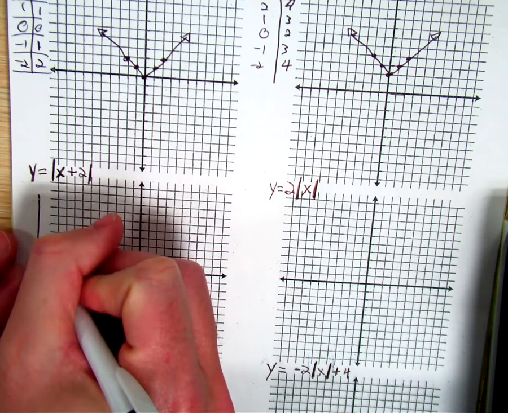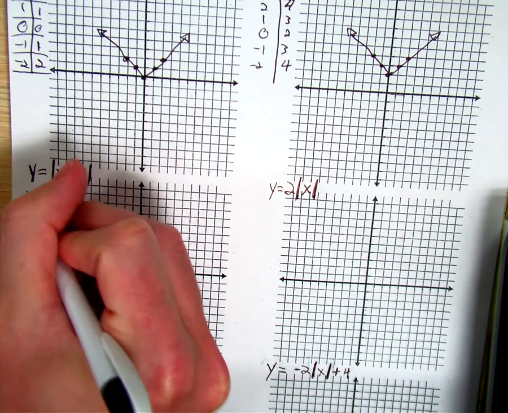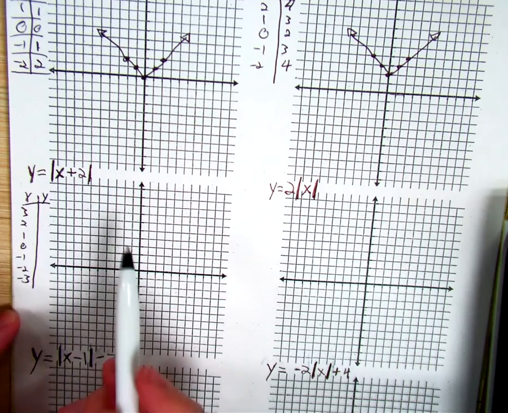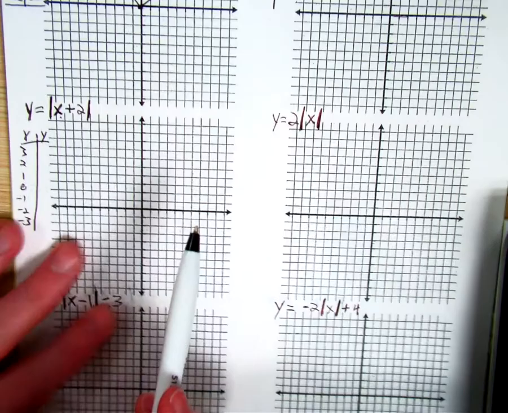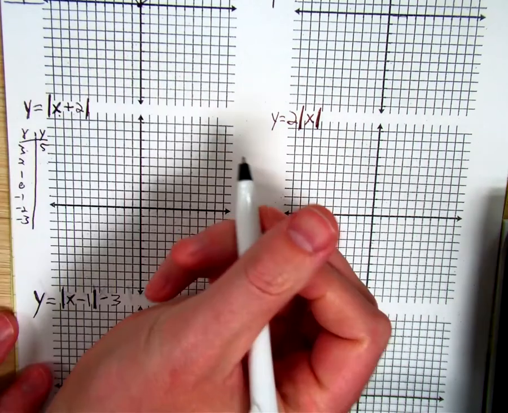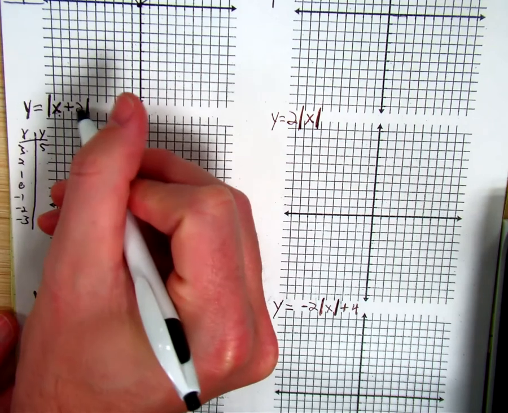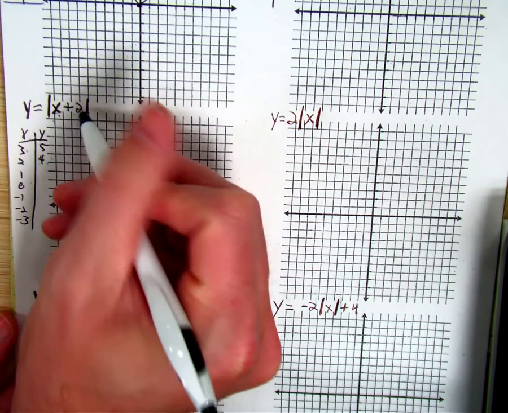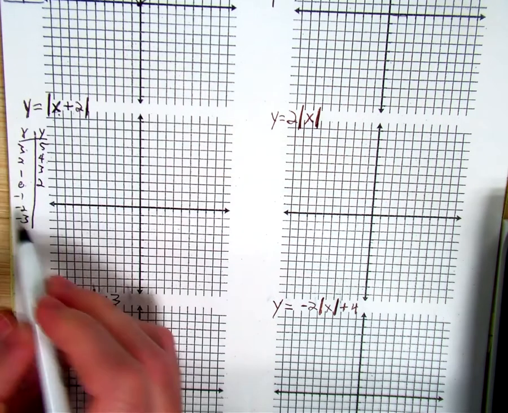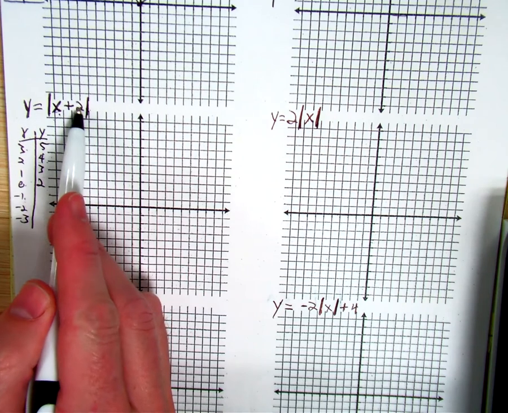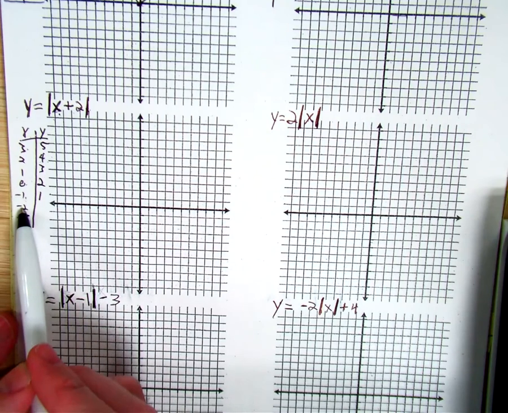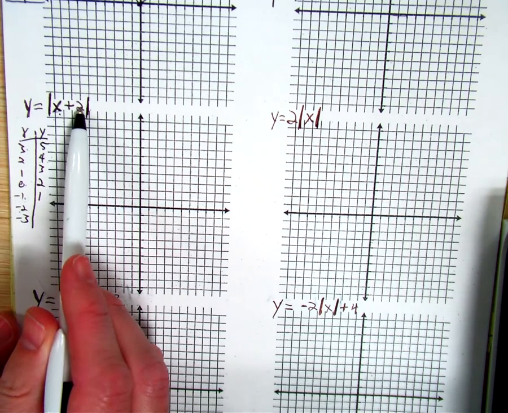So I'm going to change this up a little bit and go to 3 this time, so it's a little bit longer: 3, 2, 1, 0, negative 1, negative 2, negative 3. 3 plus 2 is 5, which comes out as 5. 2 plus 2 is 4. 1 plus 2 is 3. 0 plus 2 is still 2. Negative 1 plus 2 is positive 1, and the absolute value of positive 1 still comes out as positive 1. Negative 2 plus 2 makes it 0.